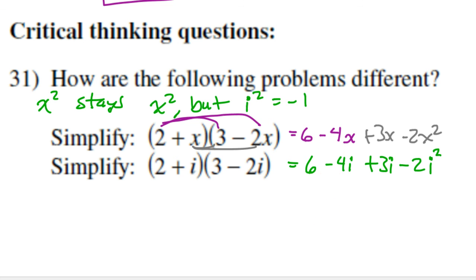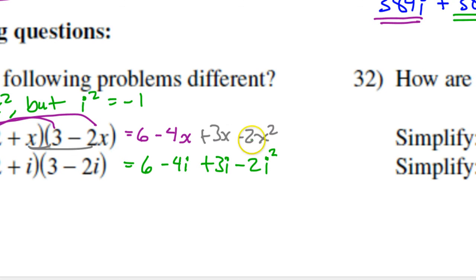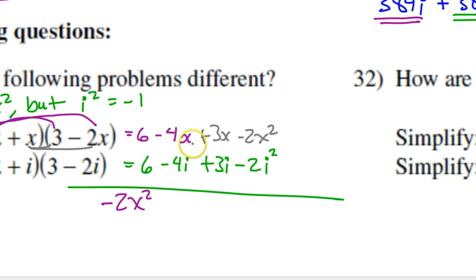That's the difference. So if we follow through on this top problem, I need to do it over again. The top problem becomes negative 2x squared, and putting these two together just gives me negative x and then plus 6.